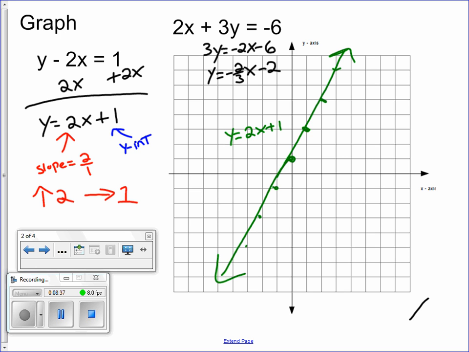So if I have a slope of negative 2 over 3, I can go down 2, right 3. I've made the 2 negative, so my rise is actually downward, so it's negative 2. My run is positive to the right 3. Or I could let the bottom be negative and the top be positive, which would mean up 2, left 3.